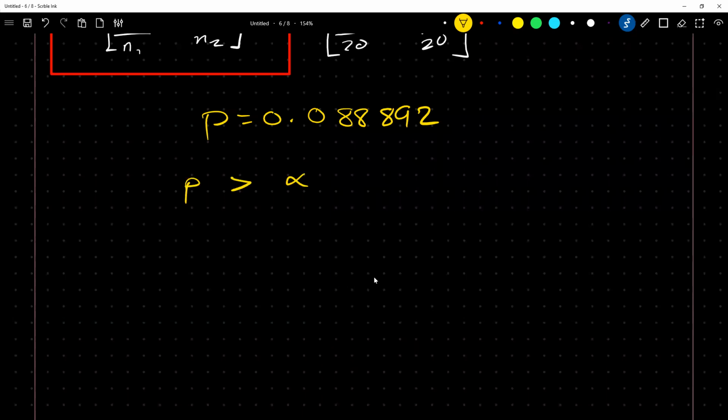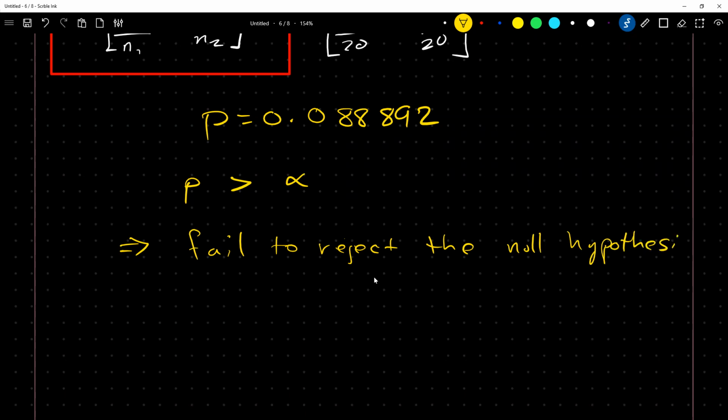than alpha. So that means that we fail to reject the null hypothesis. Okay, so does that mean that the alternative hypothesis is true?